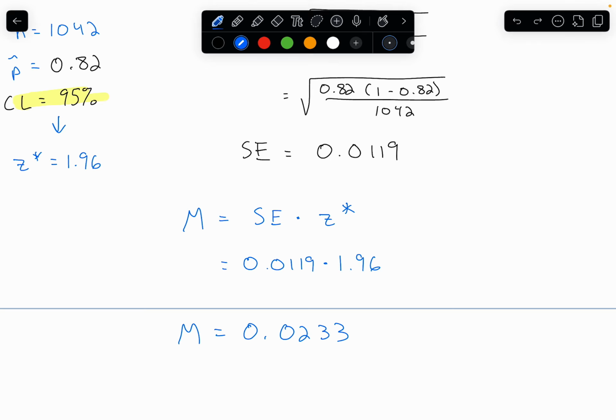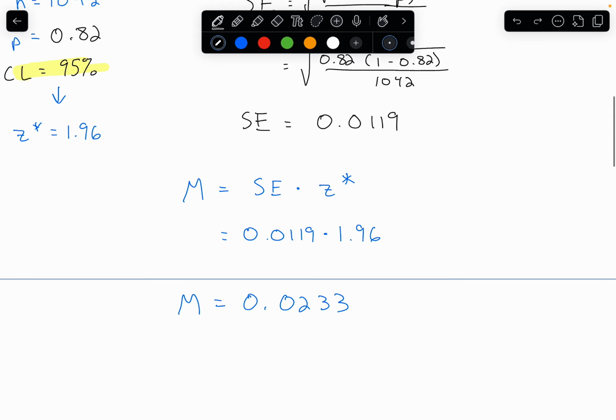The last thing that I need to do at this point is to actually go and build my confidence interval. So for my confidence interval, I want to take p hat plus or minus my margin of error. So p hat being my point estimate. Remember that this is a piece of information about my sample.